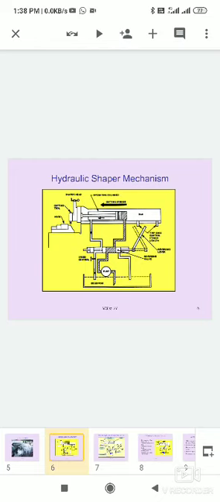In the return stroke, the ram comes backward, and the reversing lever also comes backward, and it is also connected to the dogs on the left side and right side, meaning forward and backward. It touches the dogs, and the ram moves in the forward direction.